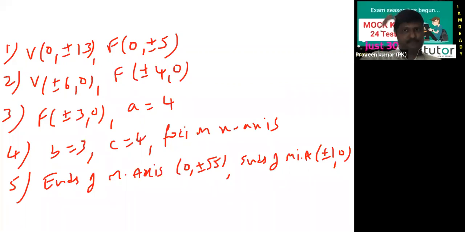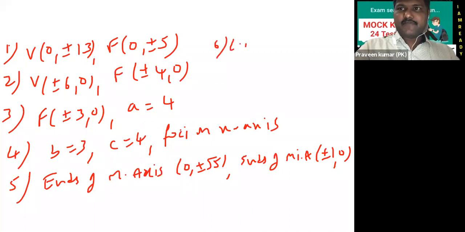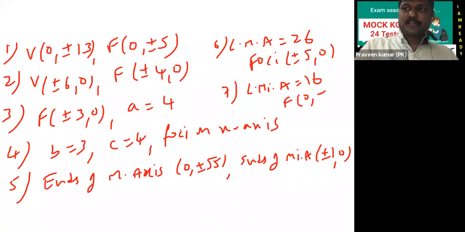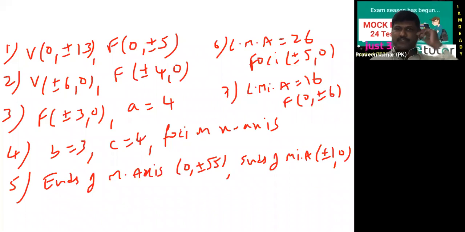Okay, try everyone. Length of major axis 26, foci plus or minus 5 comma 0. Seventh one: length of minor axis is equal to 16, and foci 0 comma plus or minus 6. Do it fast, all these questions. Try all these questions.